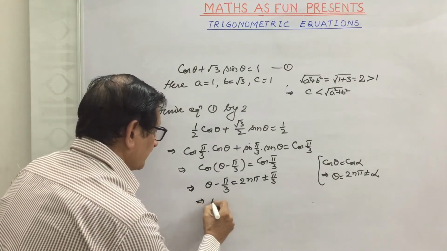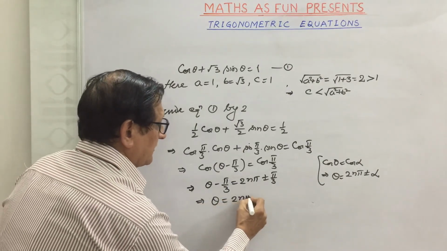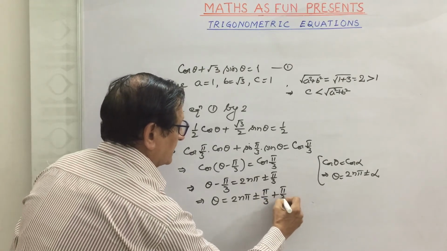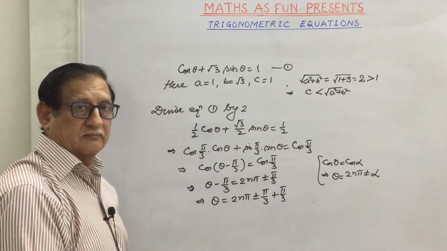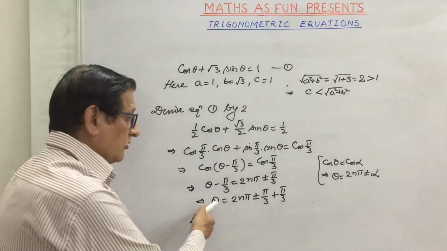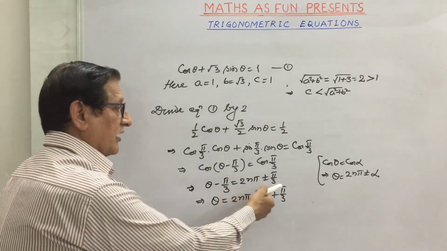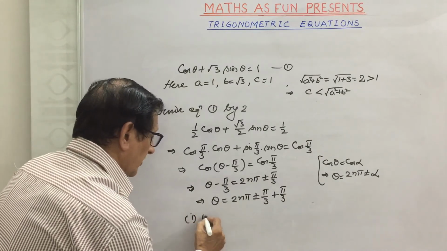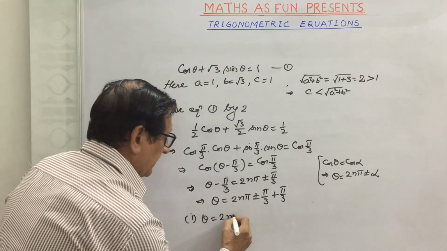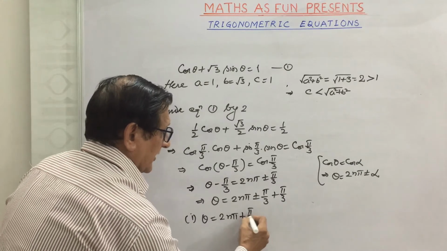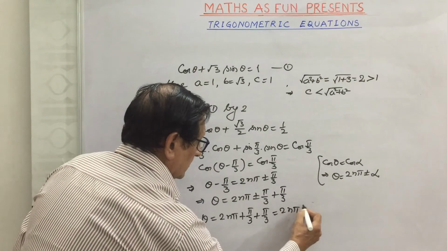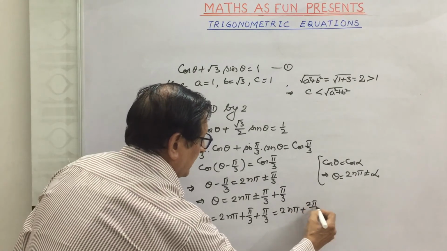And then the value of theta comes as 2n pi plus minus pi by 3 plus pi by 3, on transposing this pi by 3. And now we can take the value positive and negative of this particular one, and then we will get the value of theta as 2n pi plus pi by 3 plus pi by 3, which is equal to 2n pi plus 2 pi by 3.